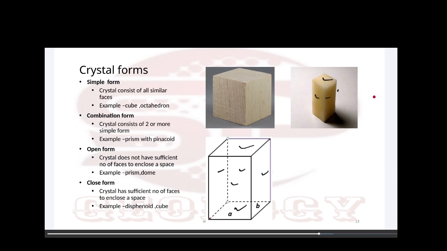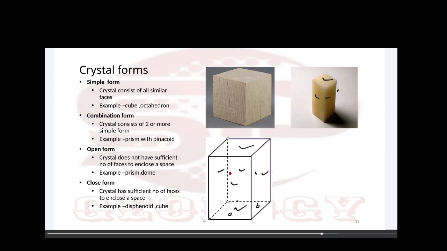Then comes your open form and closed form. So what is an open form? If a crystal doesn't have a sufficient number of faces, considering a simple form, to enclose the space, it is called an open form. Suppose here in this case, it is a combination form. It consists of these four vertical faces and the top and bottom faces.